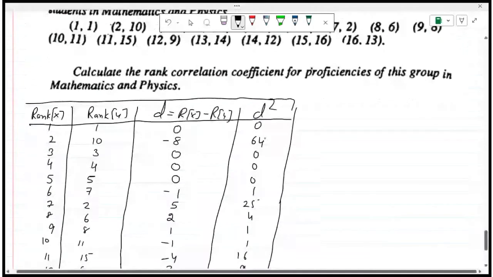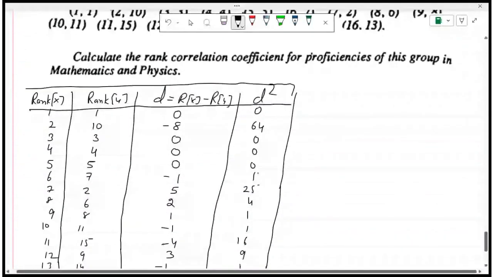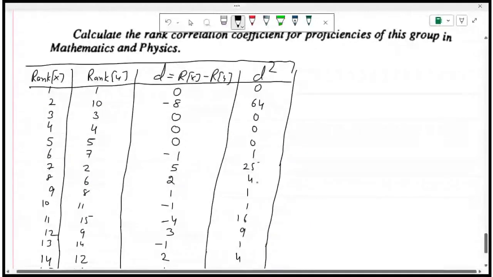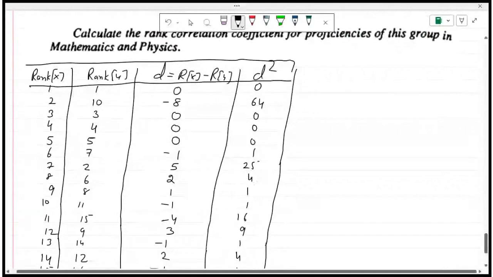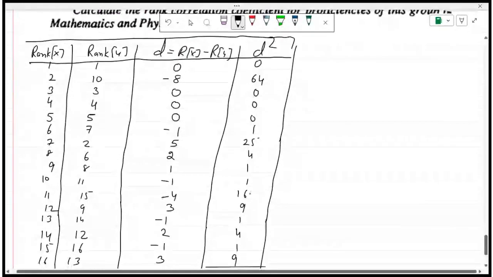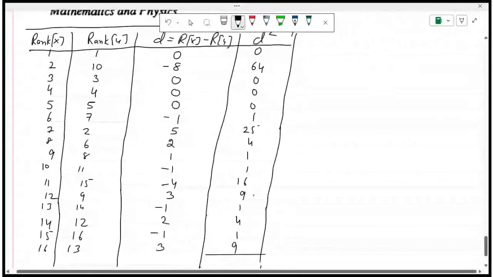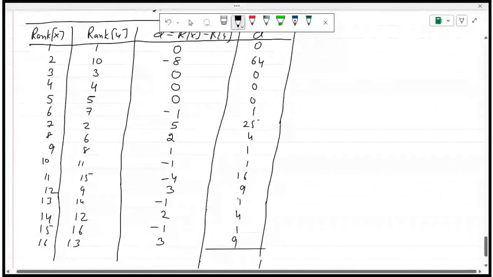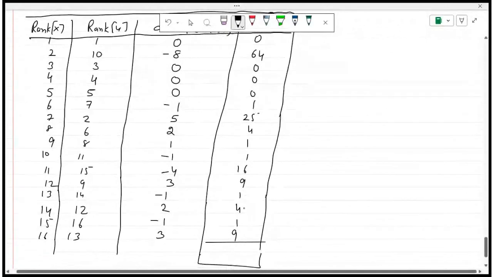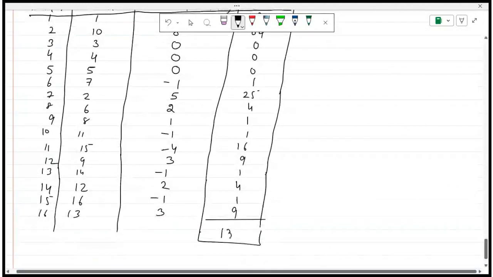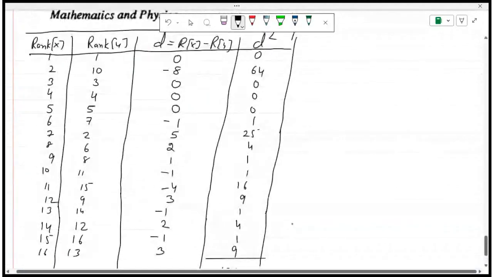So 0 plus 64 plus 1, 65, and 25, 90, and 5, 95, 96, and 16, 112, and 10, 122, and 4, 126, and 10, 136. Is this correct? Students, is this correct?